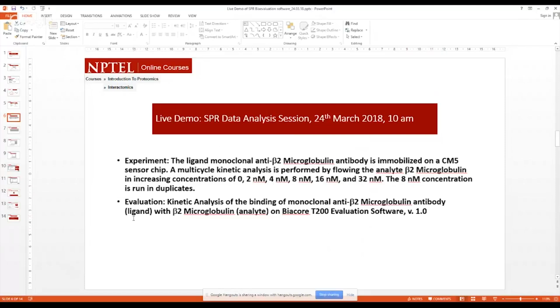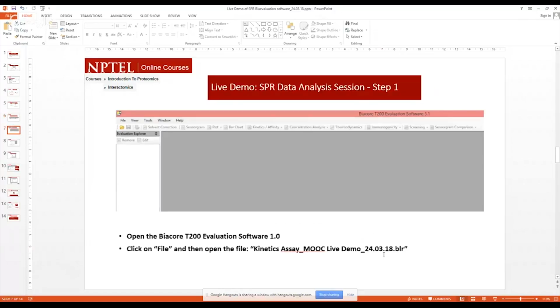The kinetic analysis of this binding will be done on the Biacore T200 evaluation software version 1.0, which has been already shared with those of you joining us for the hands-on. Okay, so the first thing you do is open the Biacore T200 evaluation software.